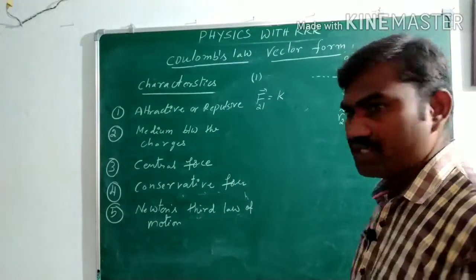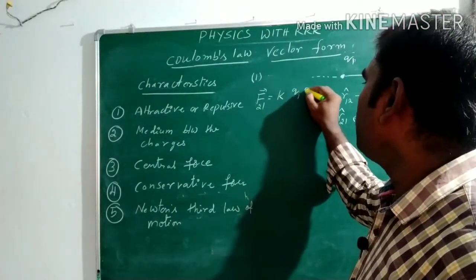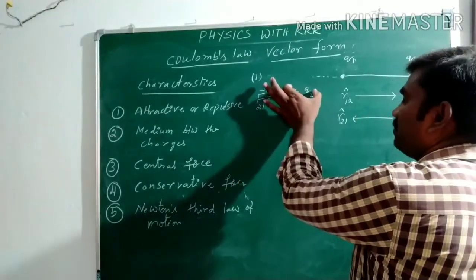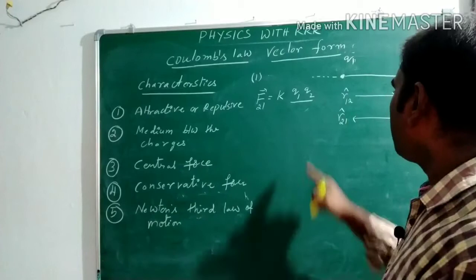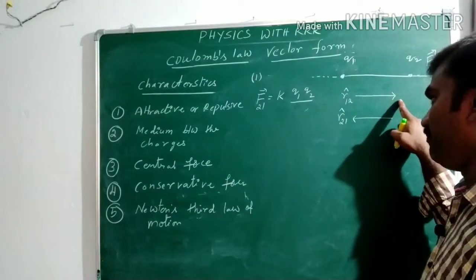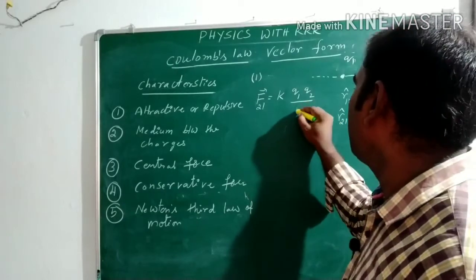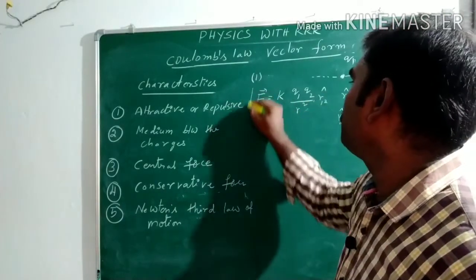Based on the situation we can take it. Then the magnitude of charges, we always need to take the magnitude of charges. So what is the distance? This is along the direction of R12 cap. So this is K q1 q2 over R square into R12 cap.